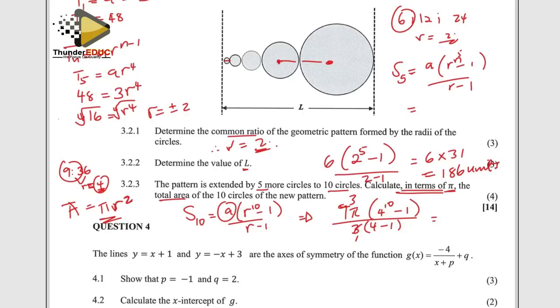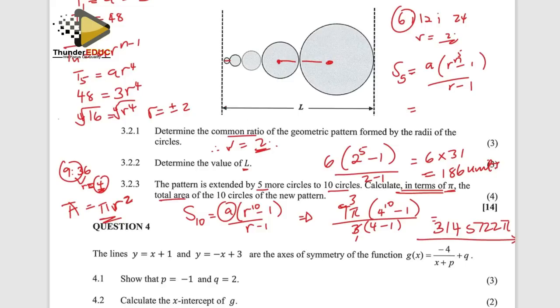Okay, then I'm getting 3 145 722, and then there's a pi. So my answer must have a pi in it. Alright guys, so that is what was needed of us in this question 3.